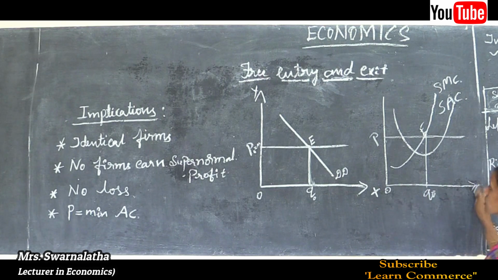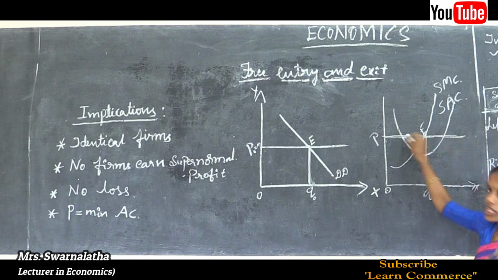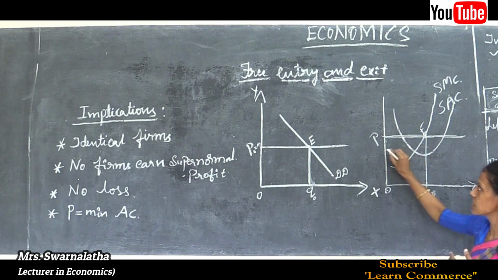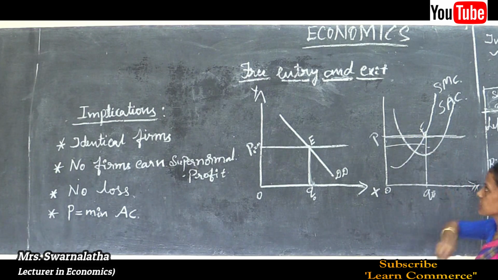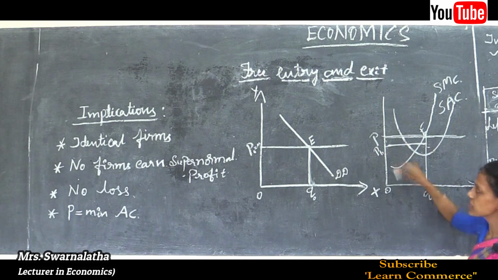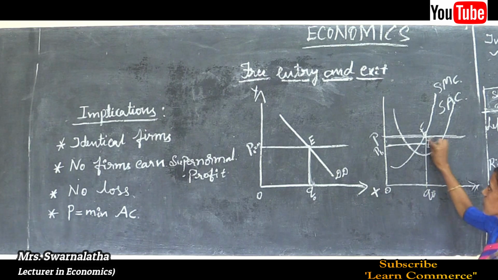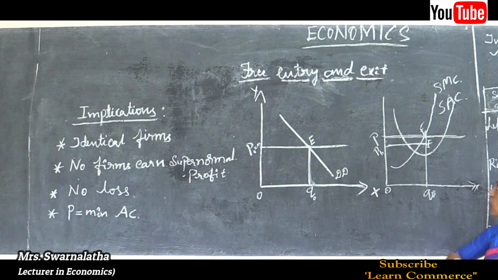Here we discussed that price must be equal to the minimum AVC. Any deviation in the price, P2, P0, a price decrease, attracts new firms into the industry. The equilibrium point shifts from E to F.